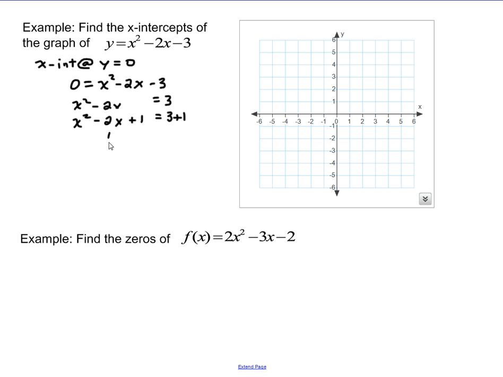And this is going to give me x minus 1 squared is equal to 4. And so when I isolate x, I take the square root of both sides to get positive or negative 2. And so x will equal either negative 1 minus 2, or x will equal negative 1 plus 2.